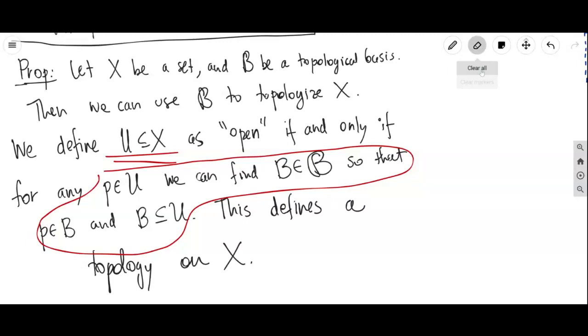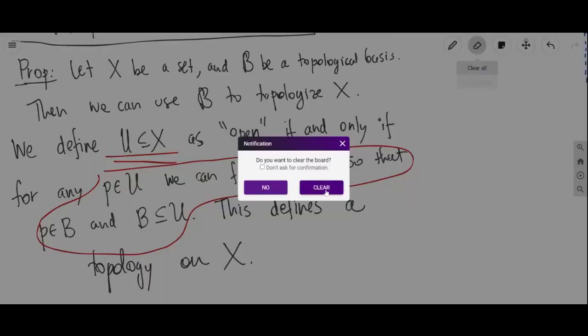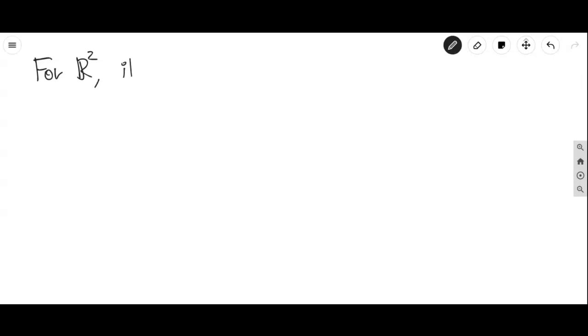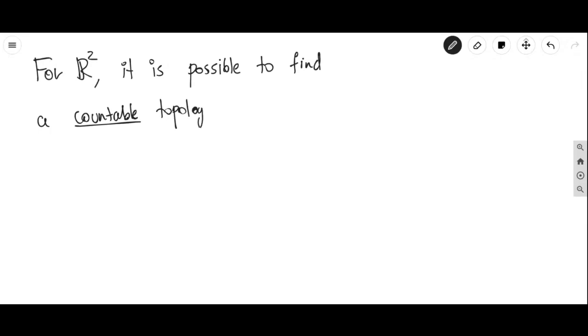This is maybe an interesting thing to mention: for R2, again with the usual topology, it is possible to find a countable topological basis.